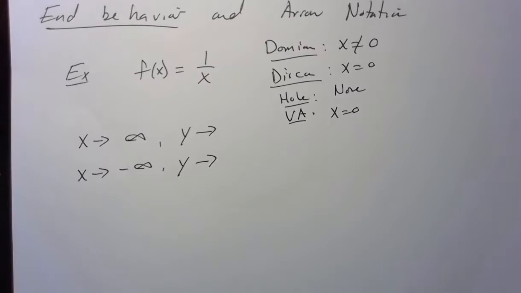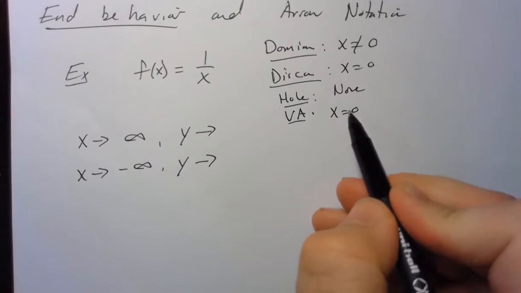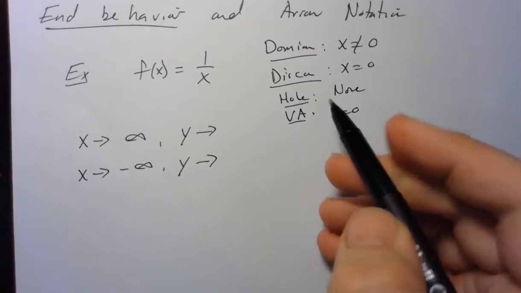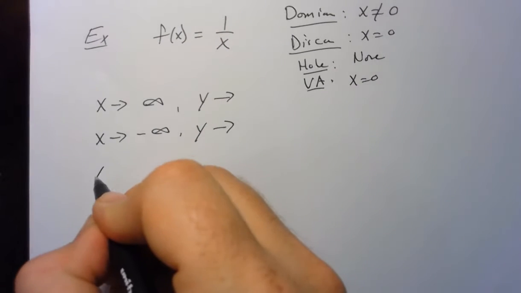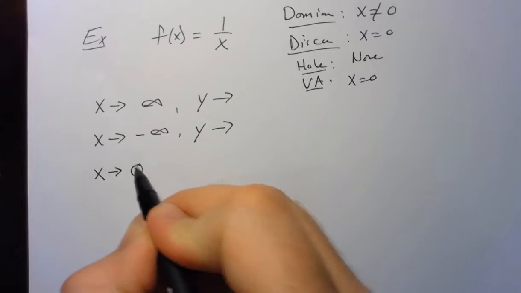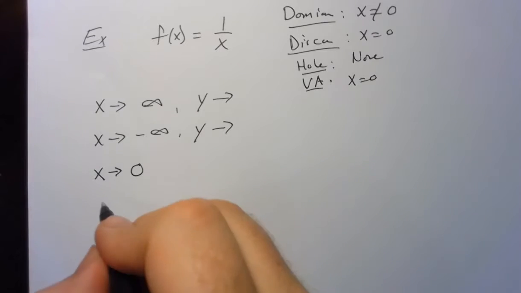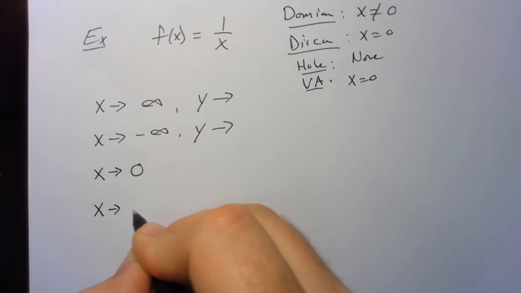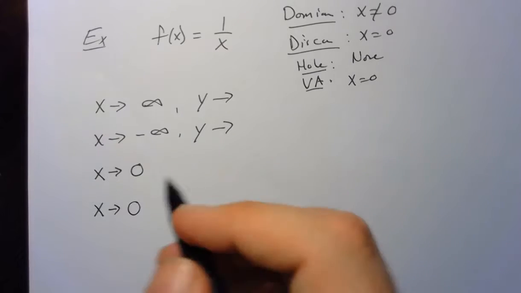Every vertical asymptote will also include the concept of the end behavior. We want to be able to algebraically show or notationally show what the function is doing around that vertical asymptote. In this case, I want to know what is y doing as x approaches 0. I also want to know what it's doing specifically in both directions.